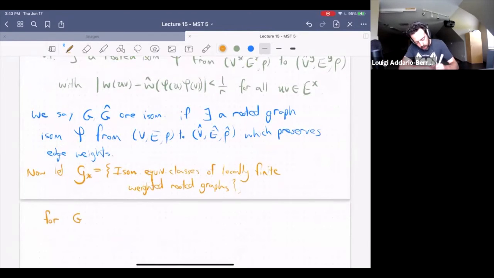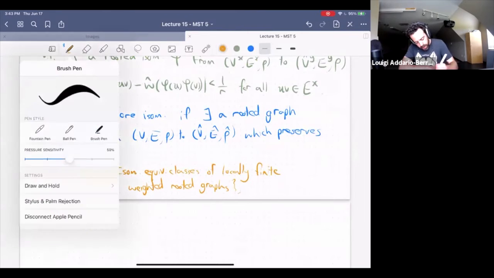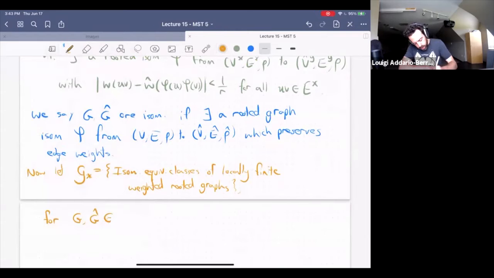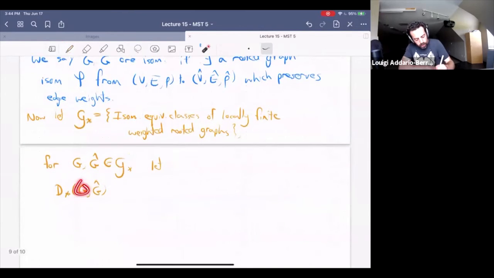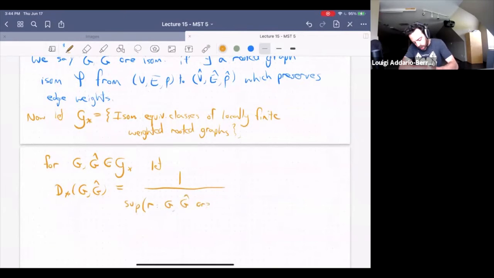Okay, and then if I'm given two elements of this class, I'll define a distance between them to be, just like before, 1 over the largest R such that G and G hat are R close.